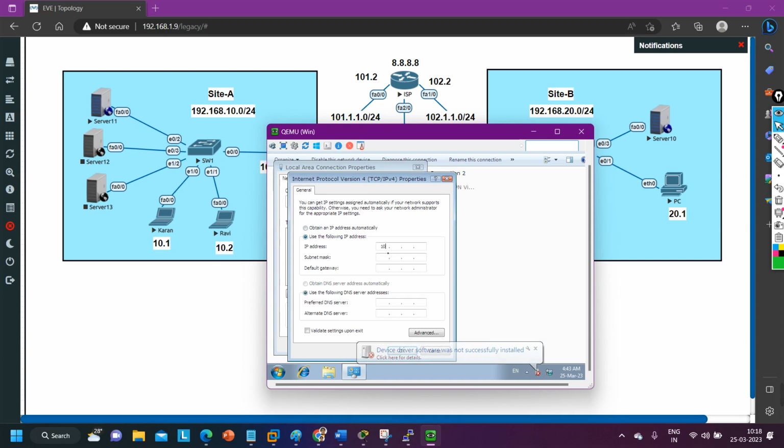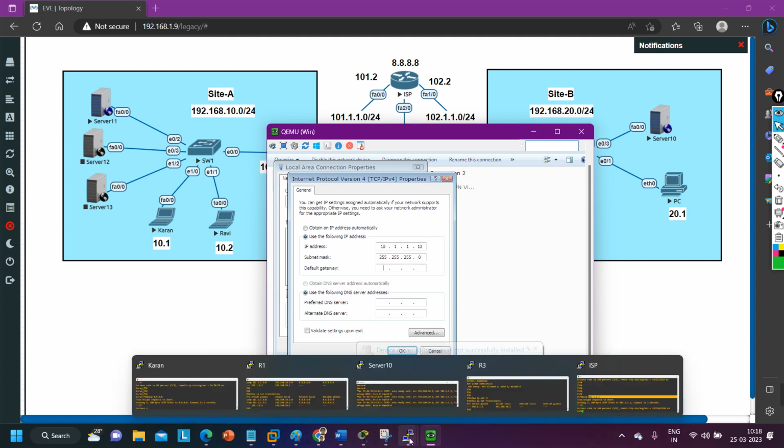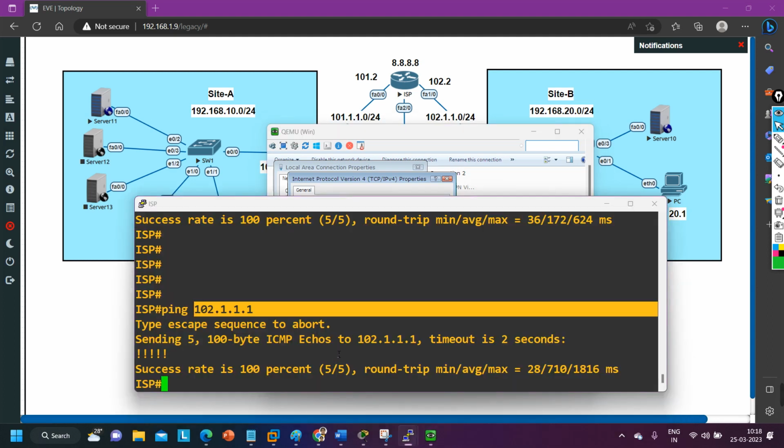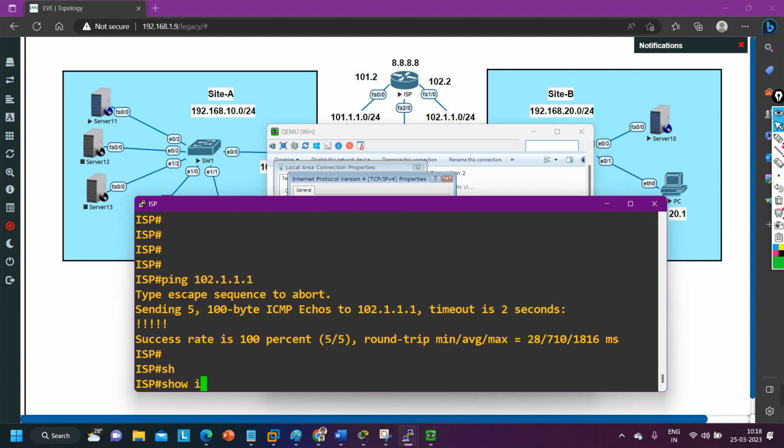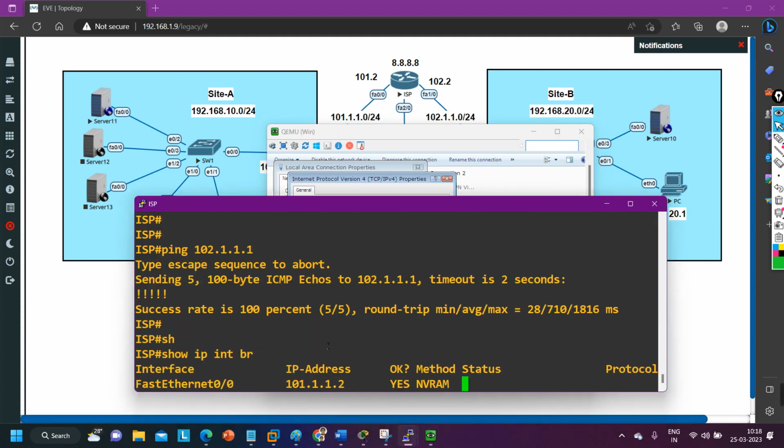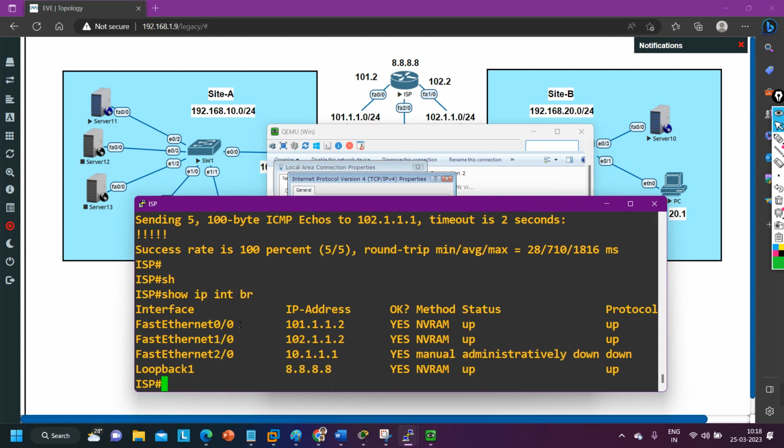So the IP address will be, let's say, 10.1.1.10 and subnet mask is 255.255.255.0. And the gateway, let me check the IP address on ISP. So show IP interface brief. Here what is the IP address? Here 10.1.1.1. And this interface is manually configured.